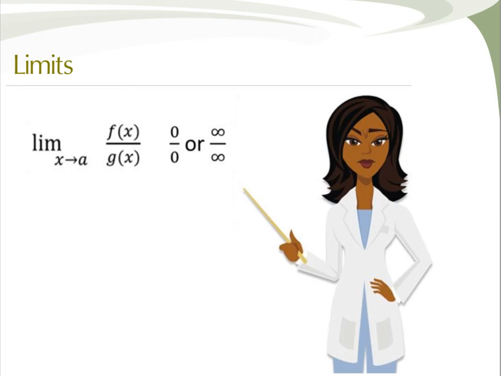With the limited tools that we had back then, we stopped. We didn't know if this limit actually exists or not. Here in this chapter, we have a new section called L'Hopital's rule. This rule is going to help you determine whether this limit exists in most cases.